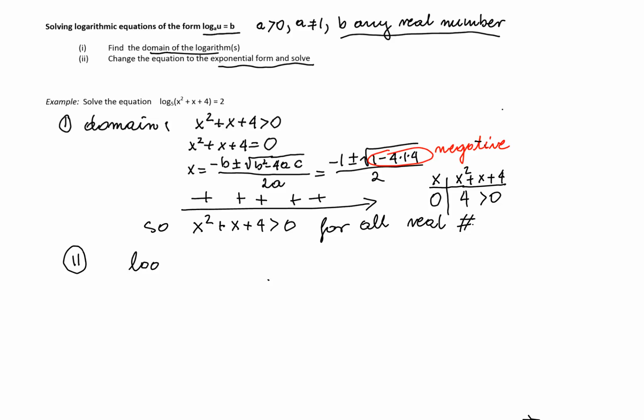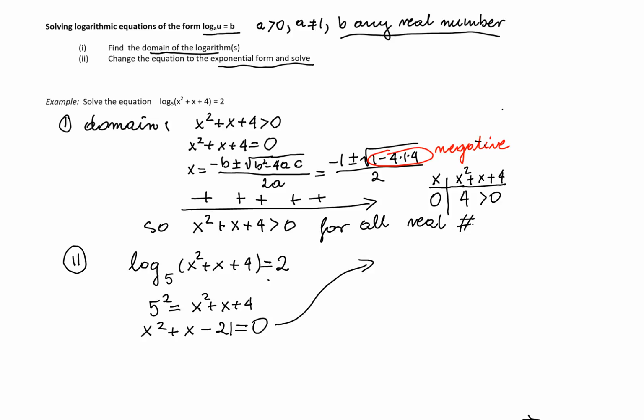So since we have the equation log base 5 of x squared plus x plus 4 is equal to 2, if we rewrite in equivalent exponential form, we'll have 5 squared is equal to x squared plus x plus 4, or x squared plus x minus 21 equals 0. So the logarithmic equation reduced to a quadratic equation, which we have to solve now.